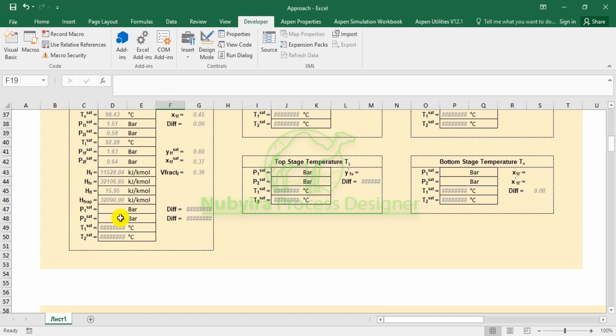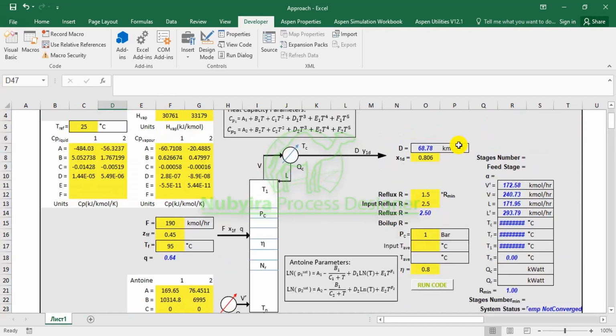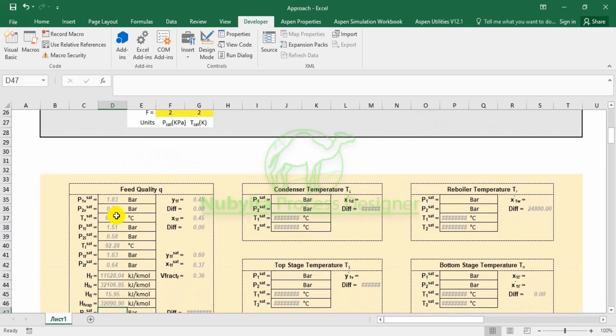In this section I calculate the saturated temperature of the pure component of both components, the benzene and toluene. I'm using it just to check, to proofread my model, so if I'm working out of line, I'll be able to see it. The thing is just to set the pressure of the system to 1 bar and copy the formula.